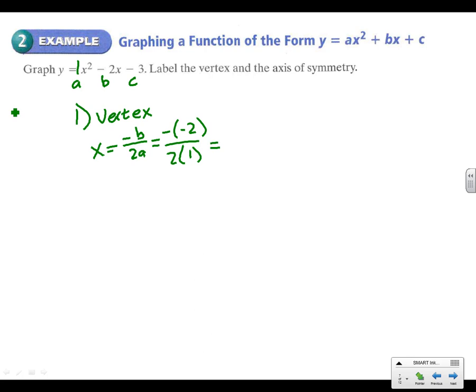Let's clean this up. Negative negative 2 is 2, over 2 is 1. That's our x. We need to plug this back in. Y equals 1 squared minus 2 times 1 minus 3. So 1 squared is 1, minus 2 is negative 1, minus 3 is negative 4. So 1 comma negative 4 is on our graph.